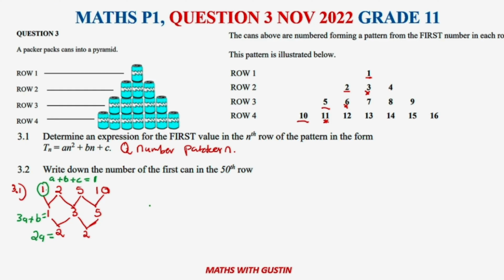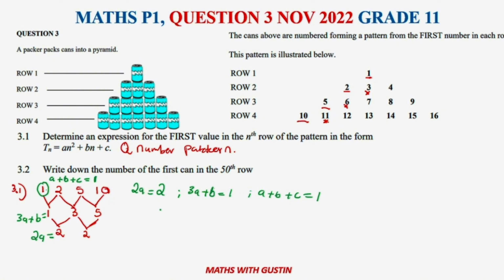That's how you would deal with this one. So I write 2a = 2, which is our second difference, and 3a + b = 3, the first term of the first difference, and a + b + c = 1.